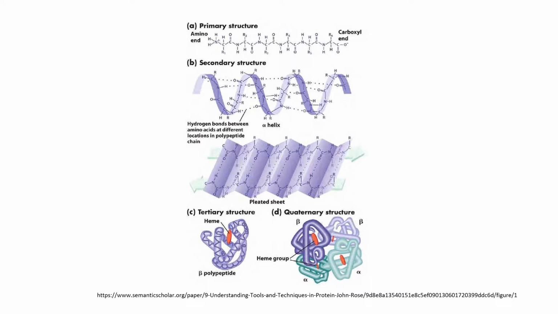So in the example of hemoglobin, I have two chains known as alpha chains and two chains known as beta chains, and I need to fold each one of those correctly in the tertiary structure and then combine all four of them into a so-called quaternary structure. And then and only then would I have a functional protein.